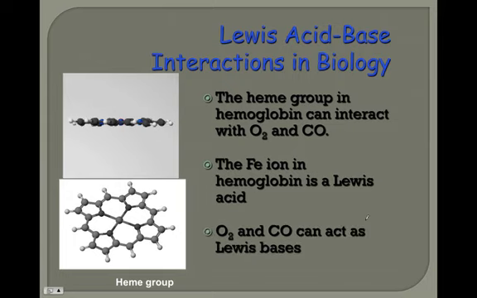Those are acting as Lewis bases because the O2 is donating those electron pairs and the CO is donating the electron pairs in order to bond to your hemoglobin and stay in your bloodstream. So thank you to the Lewis acid-base system for our entire mechanism of breathing.